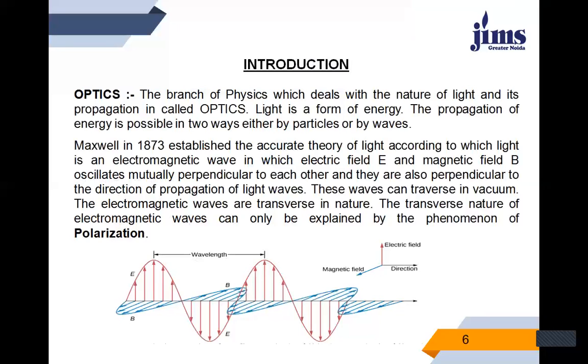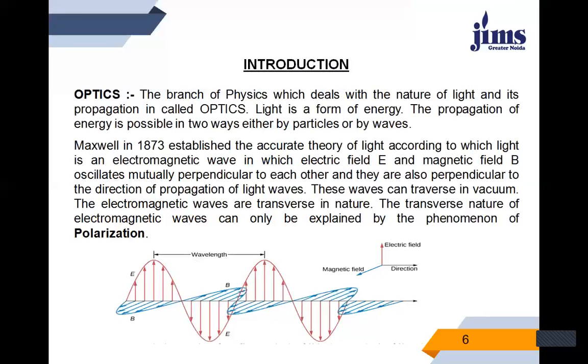Both vectors oscillate mutually perpendicular to each other, and they are also perpendicular to the direction of propagation of light. You can see in this figure. These waves can travel in vacuum. Electromagnetic waves are transverse in nature. The transverse nature of electromagnetic waves can only be explained by the phenomenon of polarization of light.